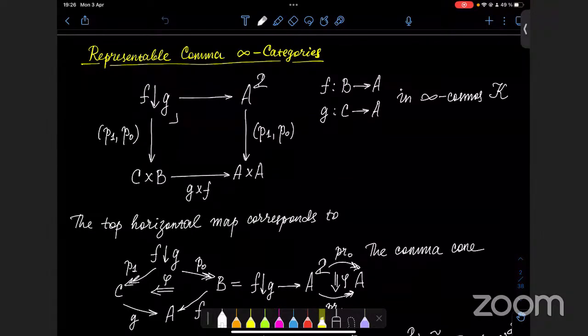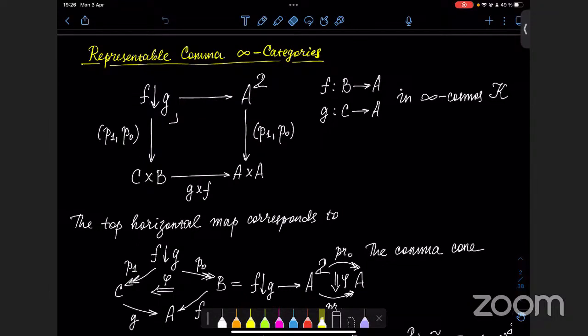Now recall what it means in an infinity comma infinity category. Suppose that we have two morphisms in an infinity cosmos K, say, and then we can form this pullback diagram.